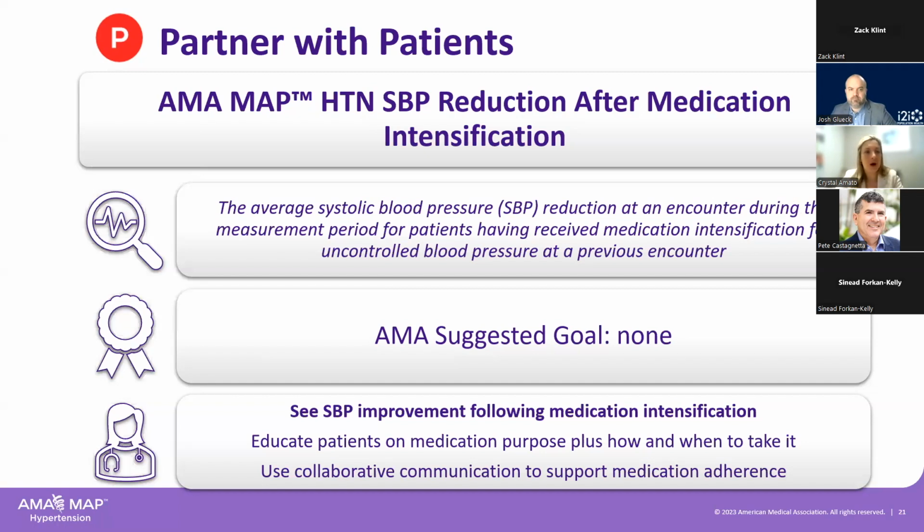For patients with uncontrolled hypertension that did have their medication intensified, so those patients that fell into the numerator, it's tracking to see what their average change in systolic blood pressure is after that medication intensification. So this helps to show medication adherence of a patient and the effectiveness of their prescribed treatment. Because of the way that this measure is calculated, there is no suggested goal.